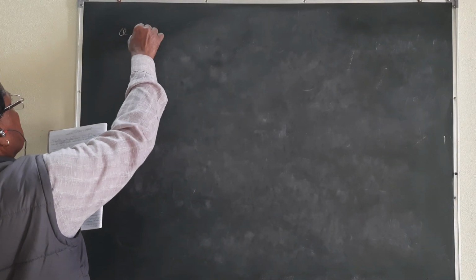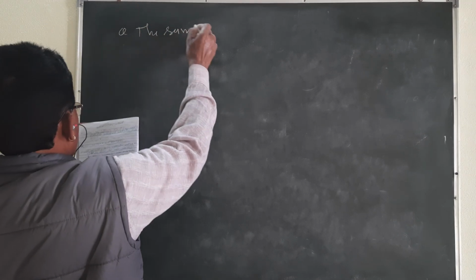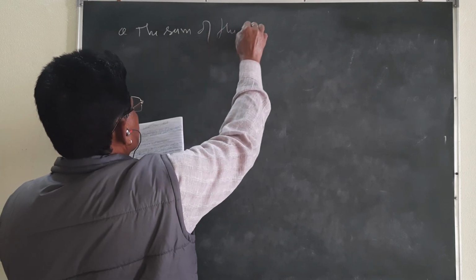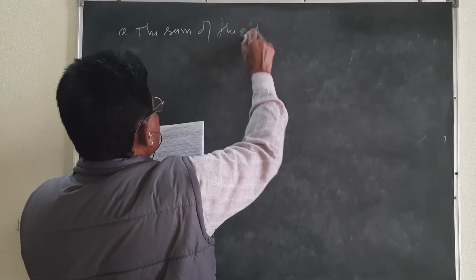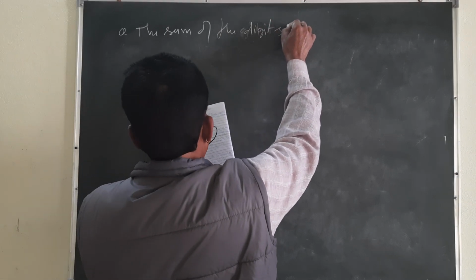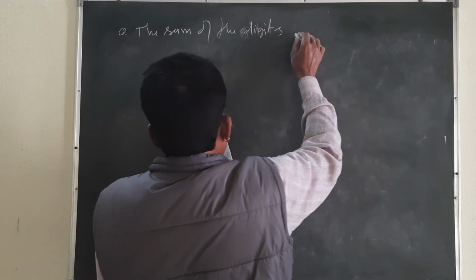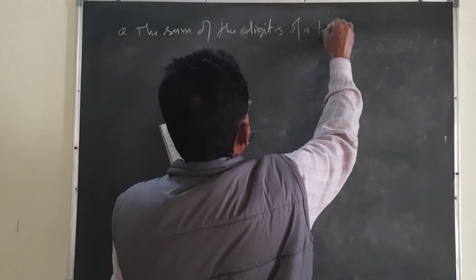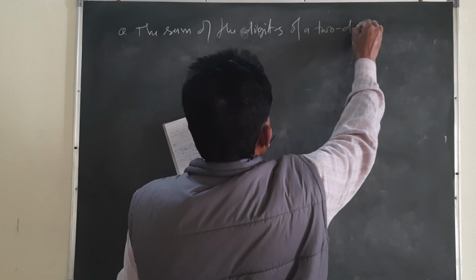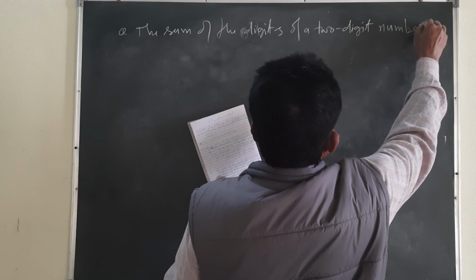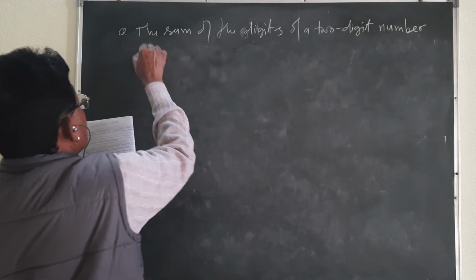The sum of the digits of a two-digit number is 9.